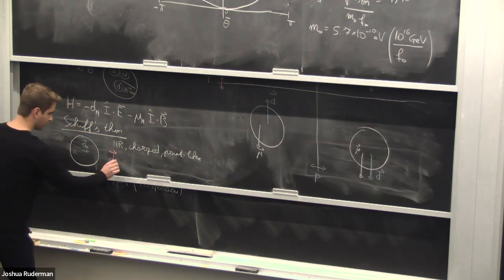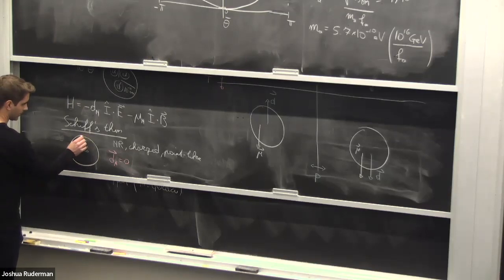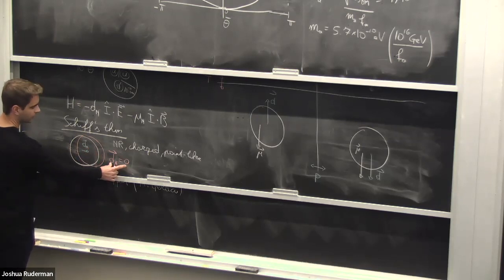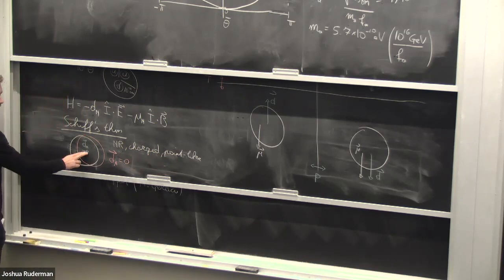Schiff's theorem tells you that it's 0, despite the fact that there's some non-zero electric dipole moment of the nucleus. The way to understand it is that the electron cloud will back-react and shift a little bit to the right, so that if these three assumptions are true, it cancels out exactly the electric dipole moment from the nucleus.